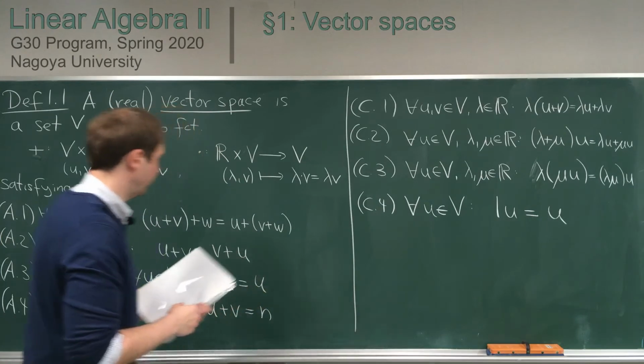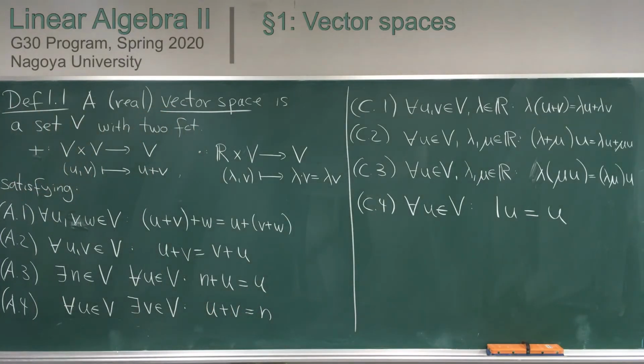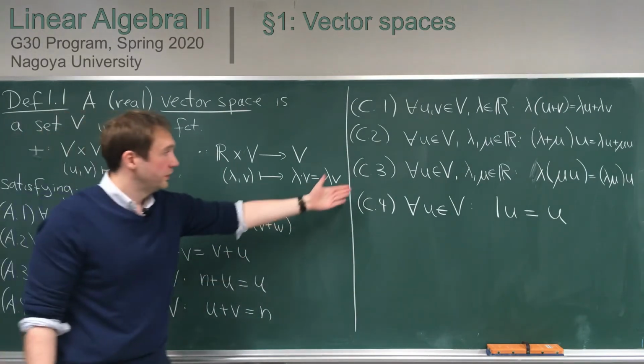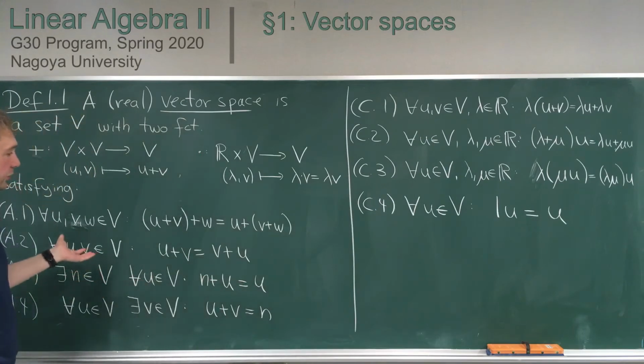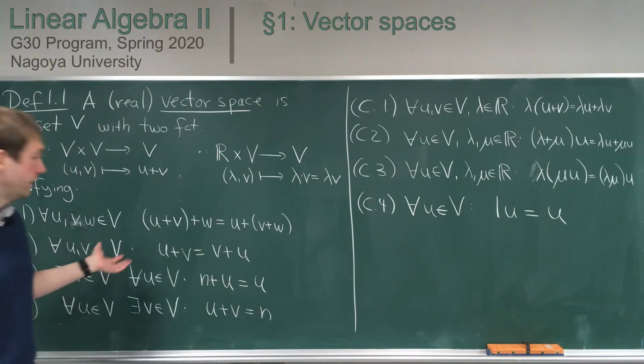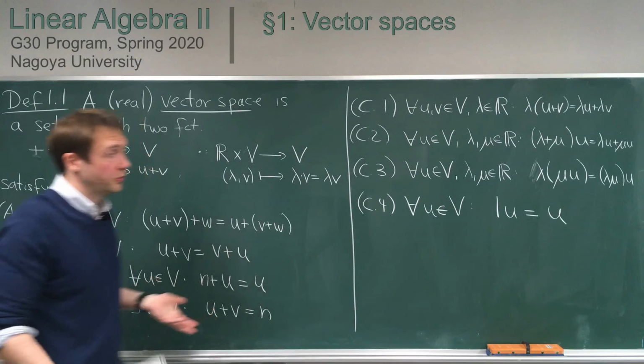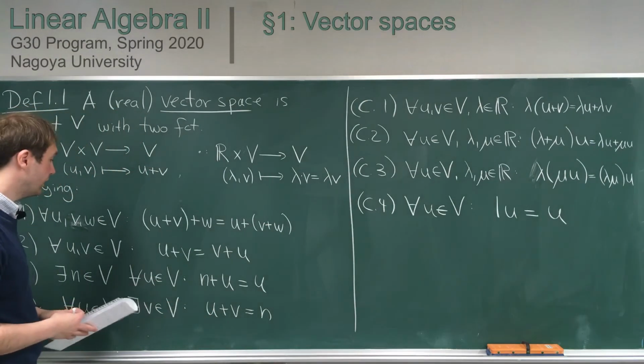And these are the conditions for the definition of a vector space. And maybe if you read it the first time, this sounds silly, because for usual vectors in Rn, these conditions are quite easy to see.